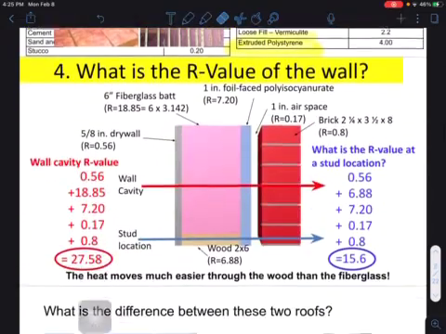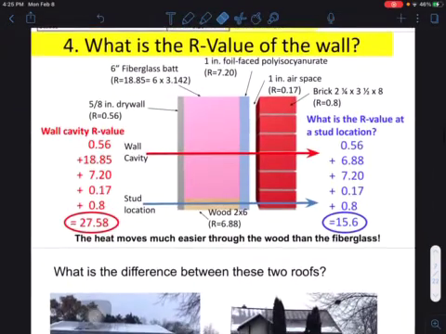So what is the R value of the wall? This is another one of your questions. So in this wall, we have on the left-hand side what's called the R value at the cavity of the wall. Okay, and each one of these here, the first one is 0.56. 0.56 is the R value of this gray part right here.